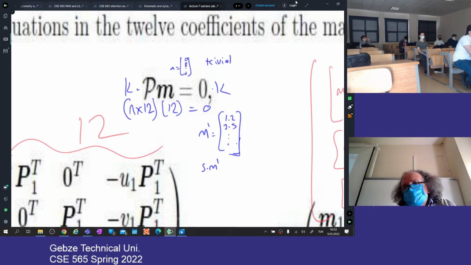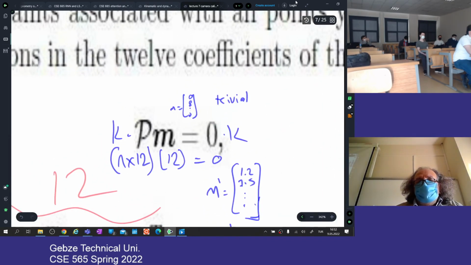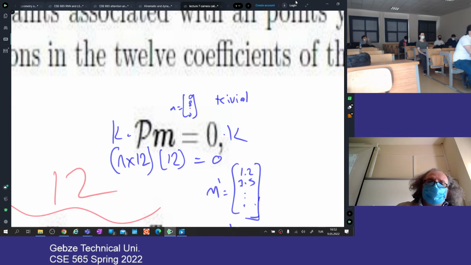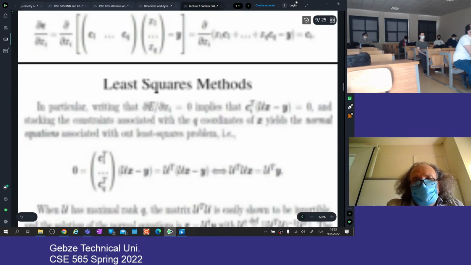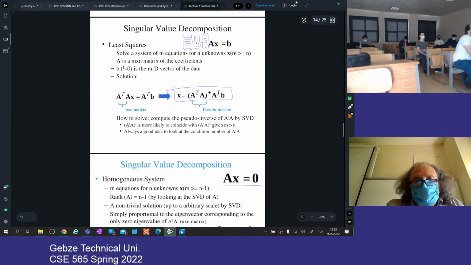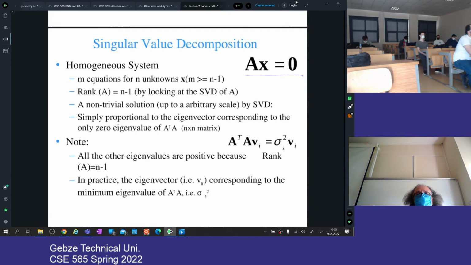It's a homogeneous system. And what did I say again? Your regular Gaussian elimination or regular linear system solution techniques will solve the system, but usually they will produce the trivial solution, which is 0. But I don't like that trivial solution. I like to use something else to find a non-trivial solution, and singular value decomposition will help me in that case.